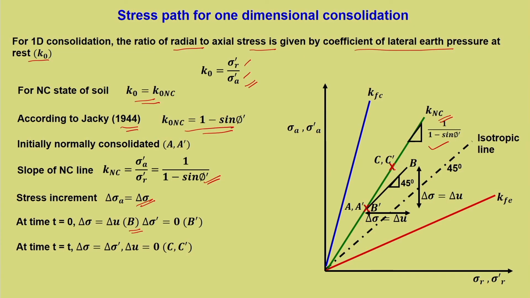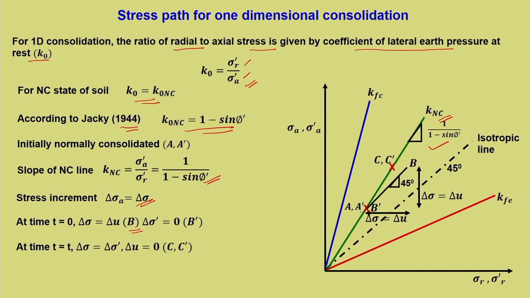So, there is no path joining from here to here, because that is not what we are simulating. It is not a stress path going from A to B and B to C. AB is only a concept which has to be described here.